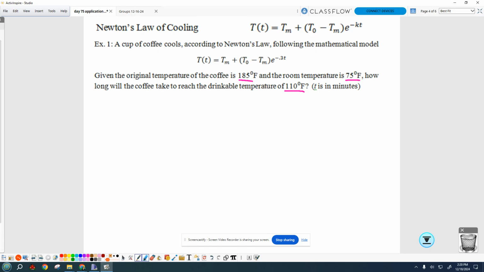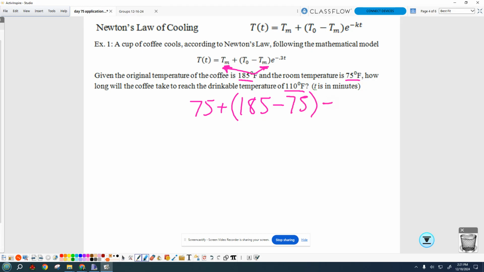So it'd be 75 degrees Fahrenheit plus, in parentheses, 185 degrees minus 110 degrees. Hold on, Sophie. In the formula, whatever number you chose here should be the same. Are they both 110 or are they both 75? They're both 75.